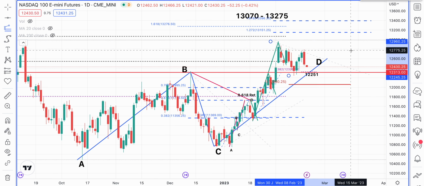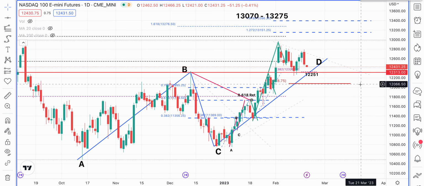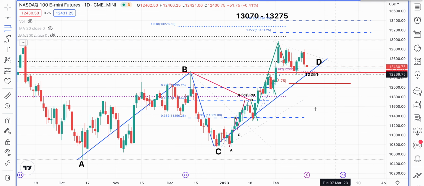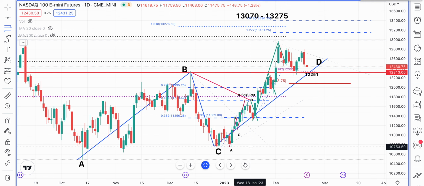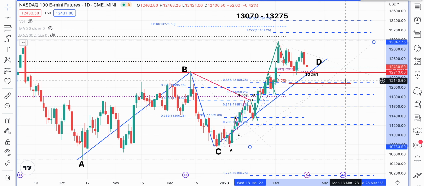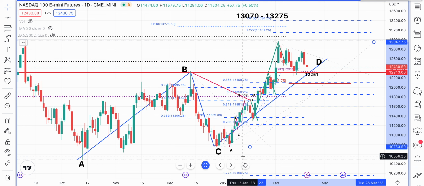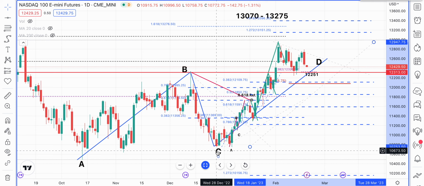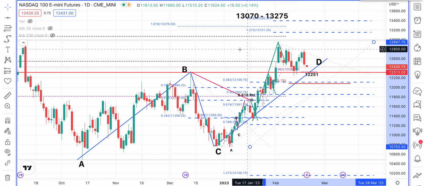On a break below 12,300, what we could anticipate is perhaps the market is moving in a one-to-one structure, where we could have an ABCD one-to-one projection around 12,060 level. And let's see if there is some other confluence coming from some Fibonacci retracement. And right here we will also have around 12,100, the 38.2% Fibonacci retracement of the entire CD leg.